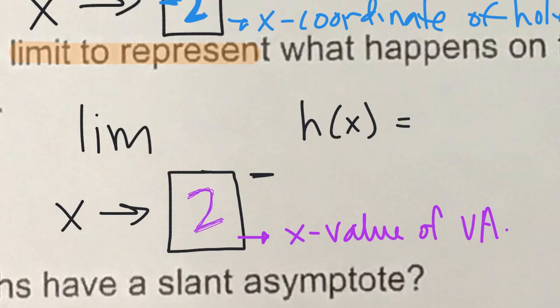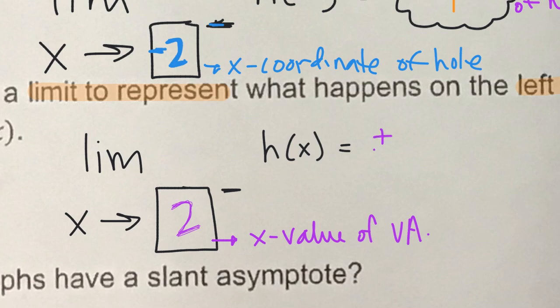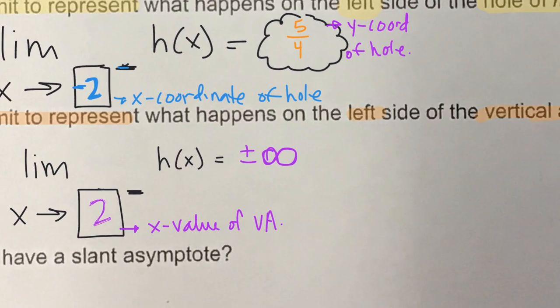Now the answer to our vertical asymptote is always a positive or negative infinity. So the question becomes, which one is it? Because we want the left side of our vertical asymptote, we're going to plug in a number to the left side into our equation.